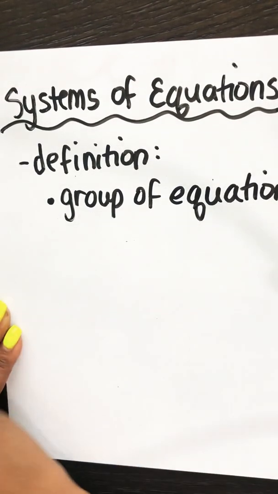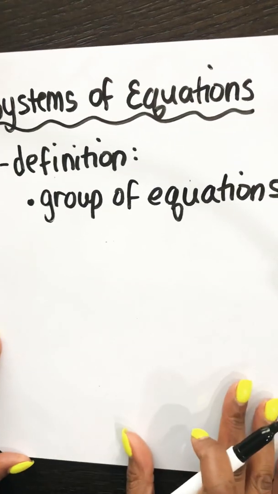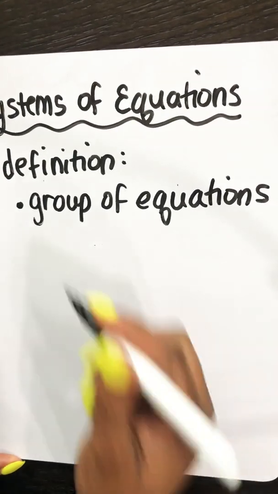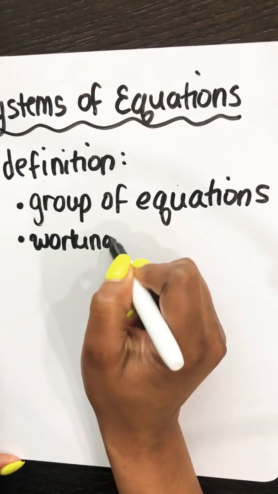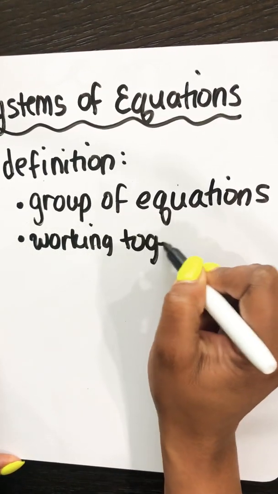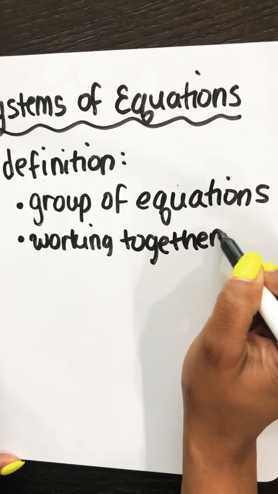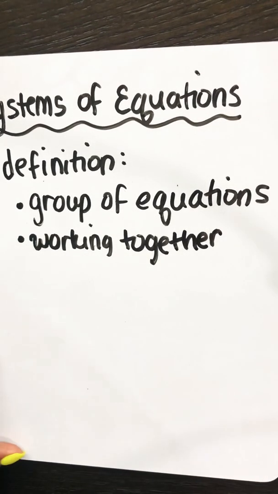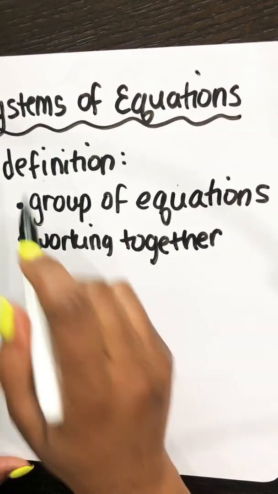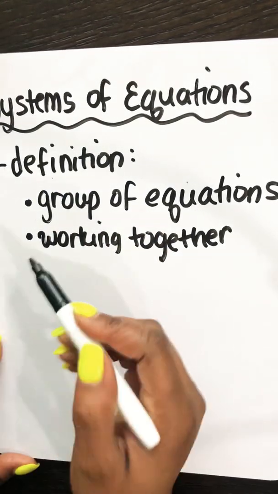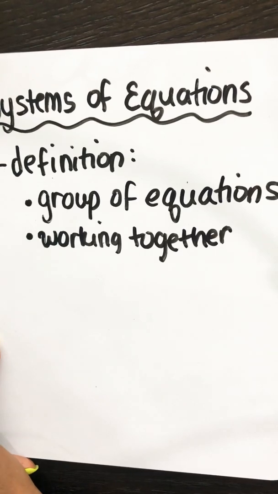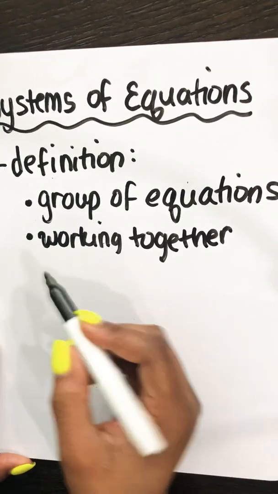So you have 2 or more equations that are working together for a common goal, right? So with a system of equations, you have a group of equations, so 2 or more, and these equations are working together to receive a common goal.